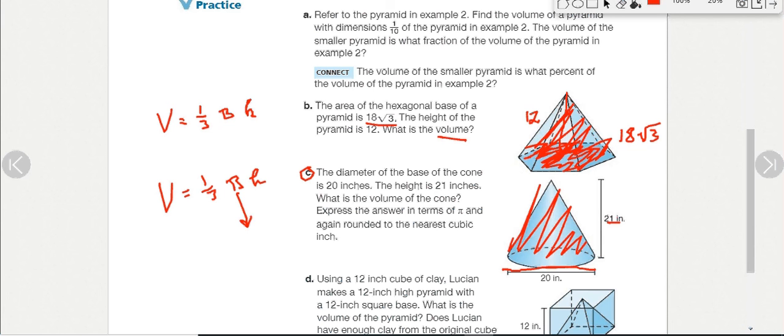If they give you diameter, they're trying to trick you. You don't use the diameter for area of a circle. You use radius, okay? Square that times pi to find this, and then don't forget to multiply the rest of the parts, okay? So do B and do C. Good luck.